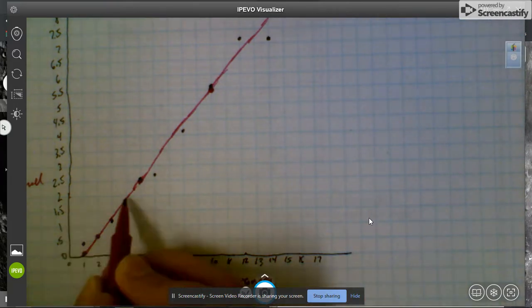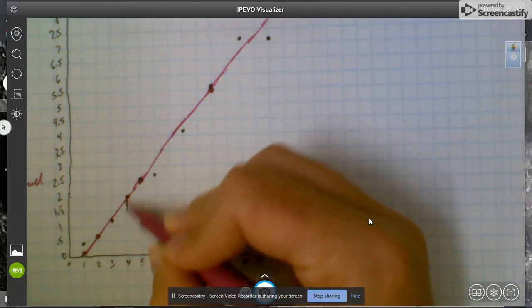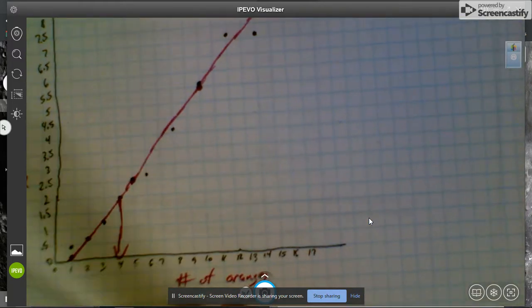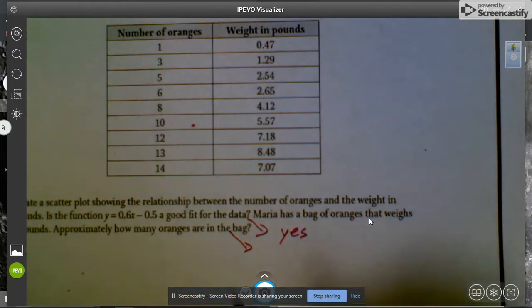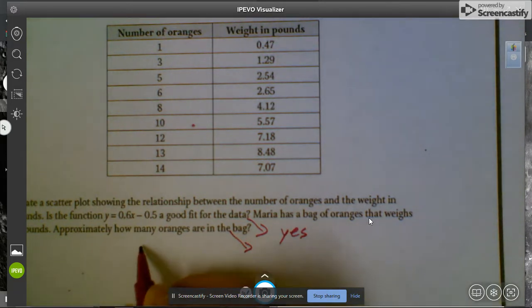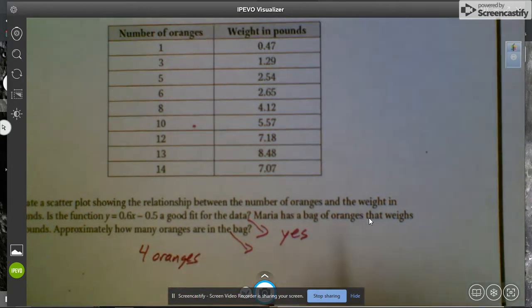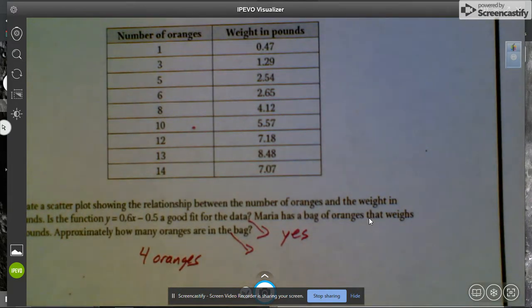So at 2, we are roughly at 4. Okay, so 2 pounds is roughly 4 oranges. All right. And that's how we do 4.2.2.